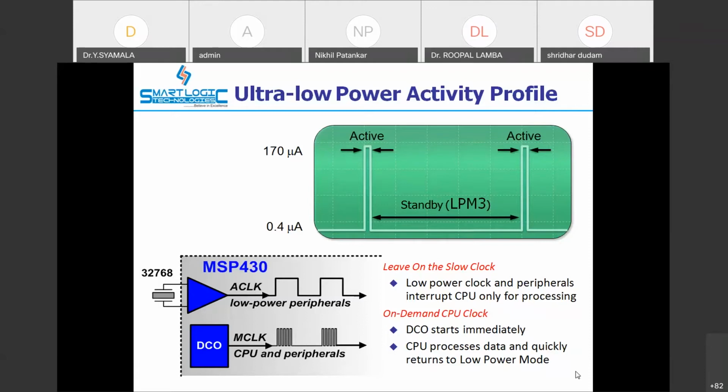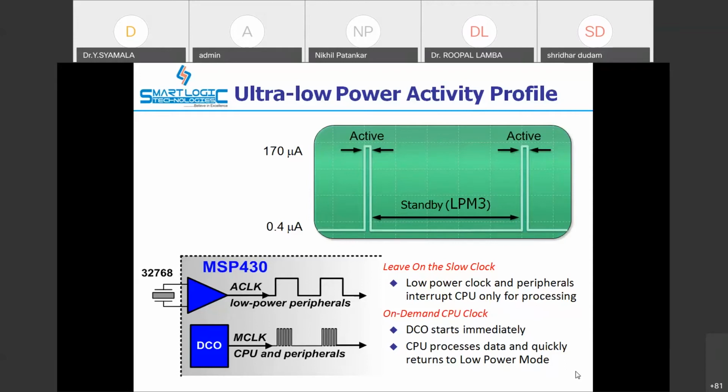Another important thing is the clock. Leave it on the slow clock. Whenever you have a loop, there is always a direct relationship: if your switching is faster, you consume more power, and if your switching is slower, you consume less power.